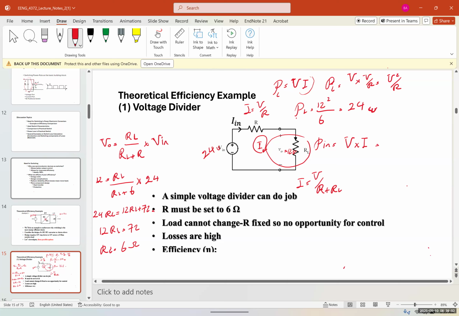So again, it's going to be V squared over the total R, which is R plus RL. This time the voltage that I have is 24 squared over 6 plus 6, which is 12. So it's going to be 24 squared over 12.